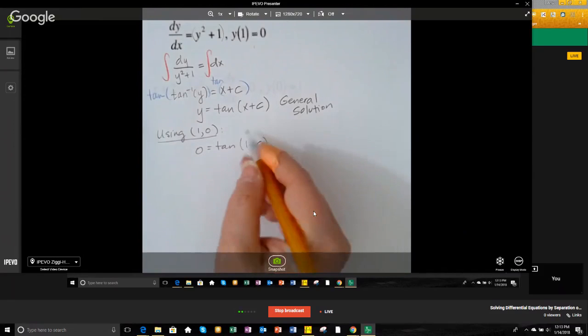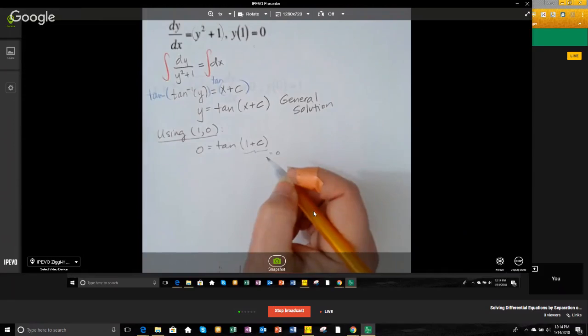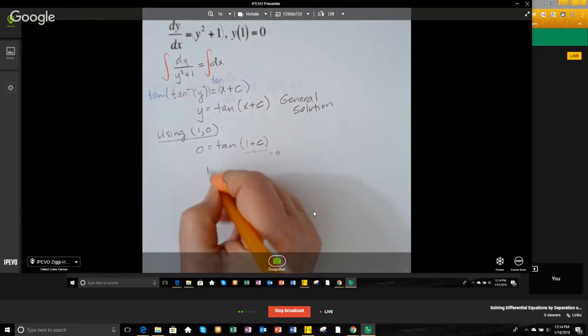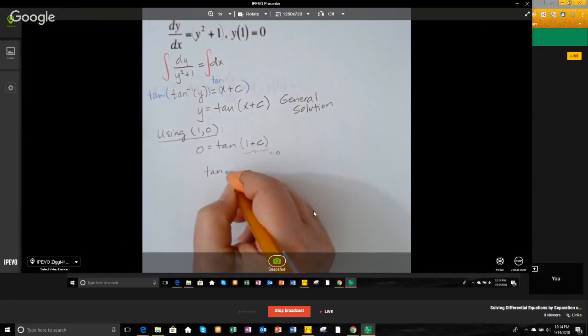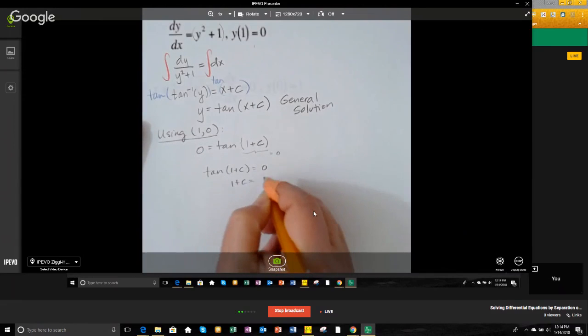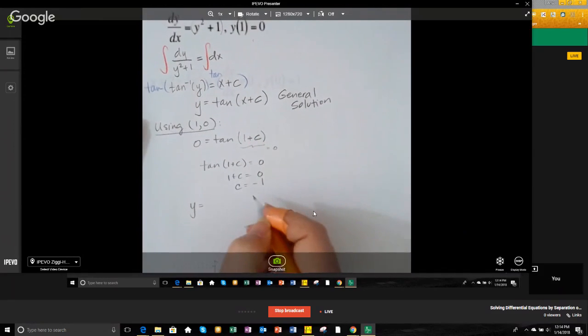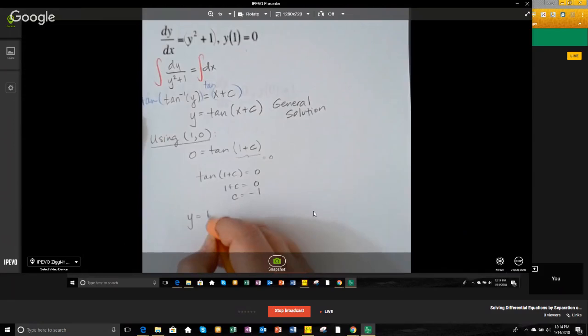So I can say that the tangent of 1 plus c equals 0 when 1 plus c equals 0. So c equals -1. So my particular solution is going to be y equals tan of x minus 1.